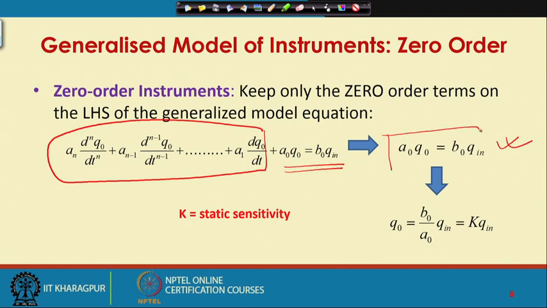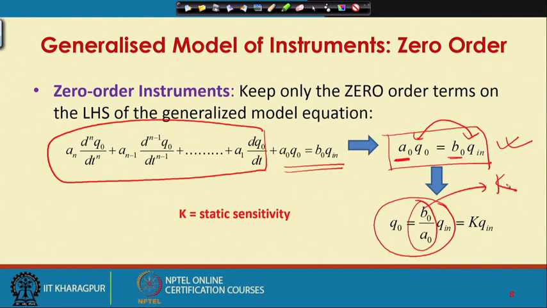This is an algebraic equation. Please note that this is not an ordinary differential equation, this is an algebraic equation. This algebraic equation relates input and output, and a_0 and b_0 are the constant coefficients. If I write output q_0 as b_0 by a_0 into q_in and represent b_0 by a_0 as K, what I get is q_0 is K q_in.